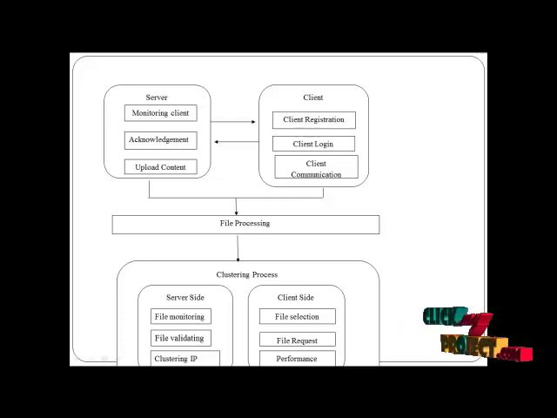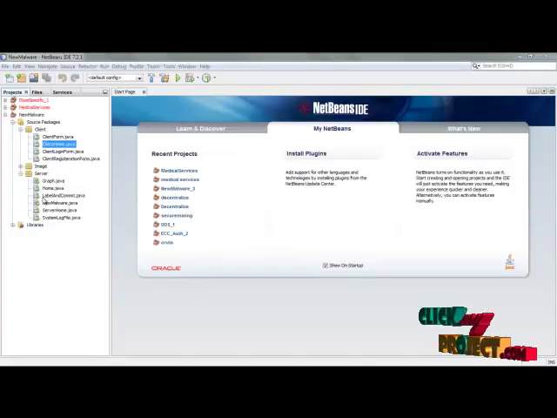The server accepts the request of the client, monitors it, and validates the file request. Then it clusters the IP addresses, which can be evaluated on the basis of the IP from the client registration. Now the demo of the process.